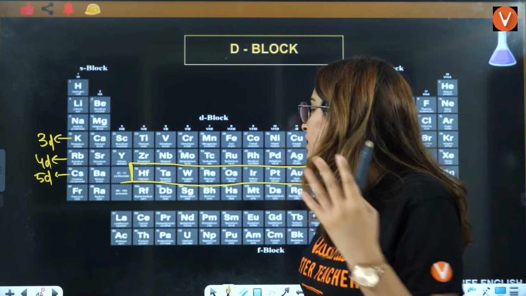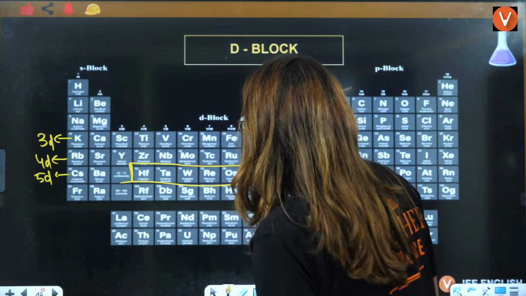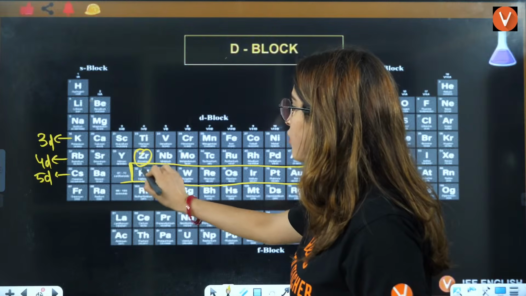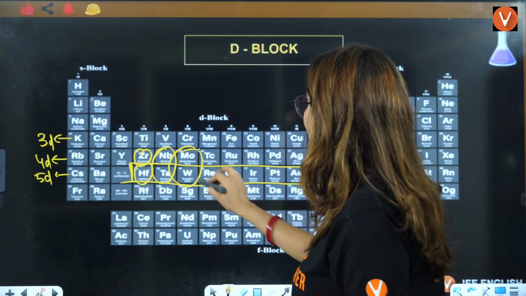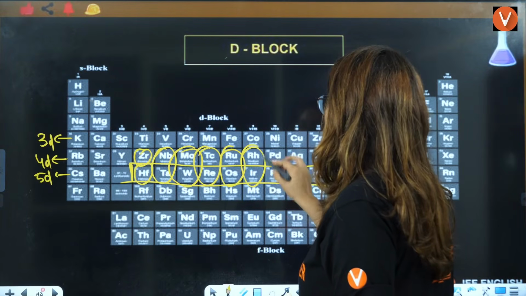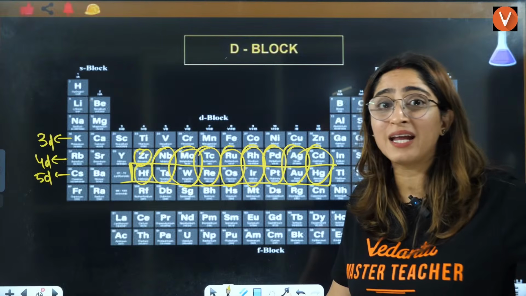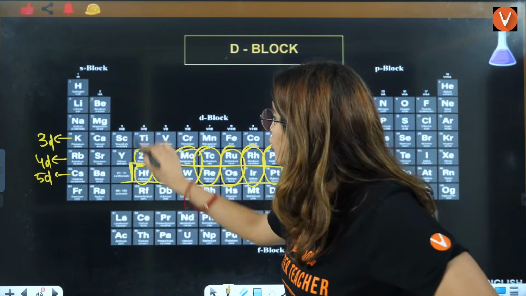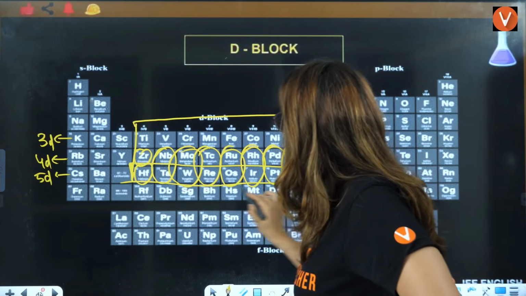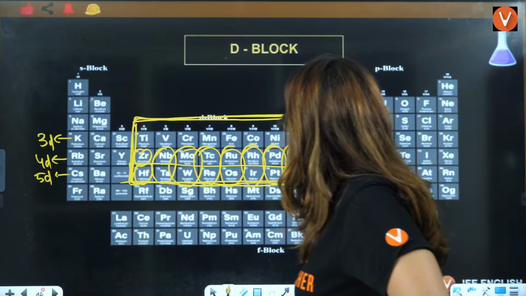That's why a very famous question is why zirconium and hafnium have the same size. All of these have similar size. But this is only applied from group 4 to 12.